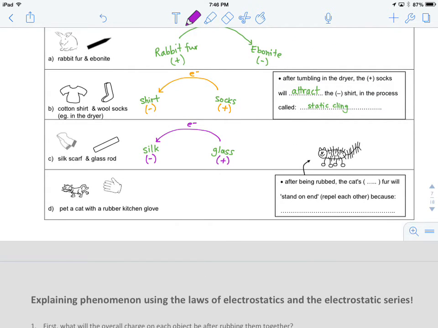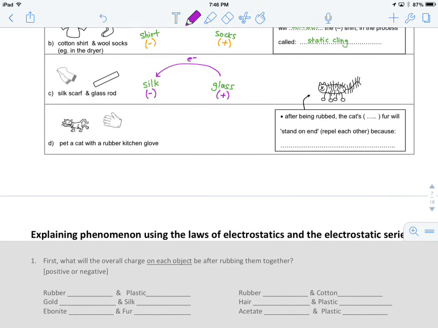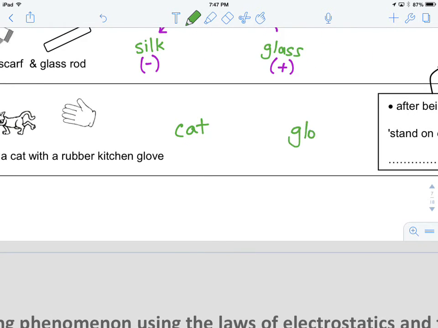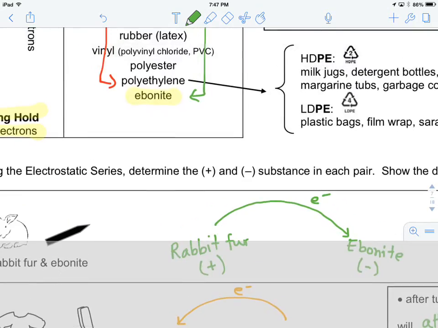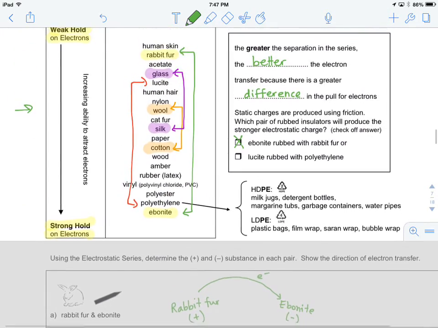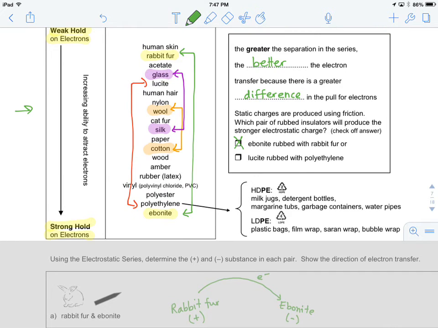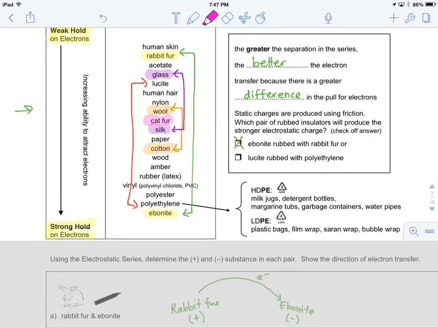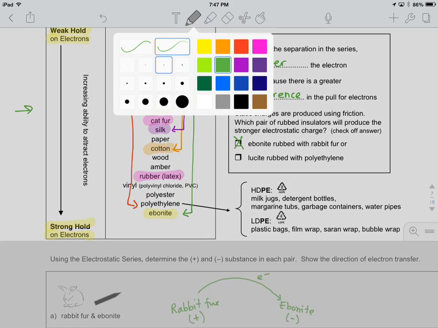All right, and the last little example that we're going to do is a pet cat with a rubber kitchen glove. All right, so we've got, again, another example here. We've got the cat, and we've got the glove. And if we go up and look at our electrostatic series, we see cat fur, and rubber or latex down here.